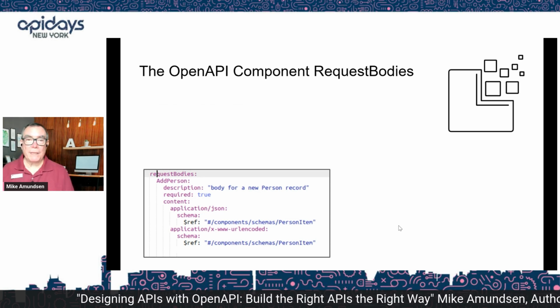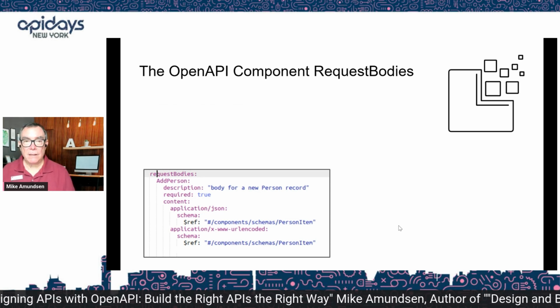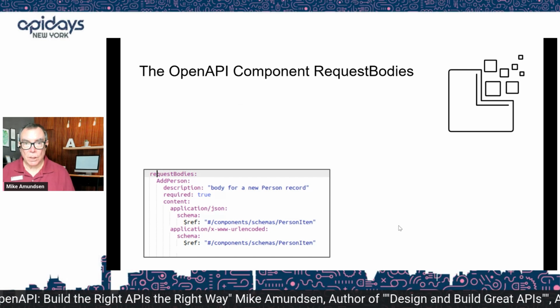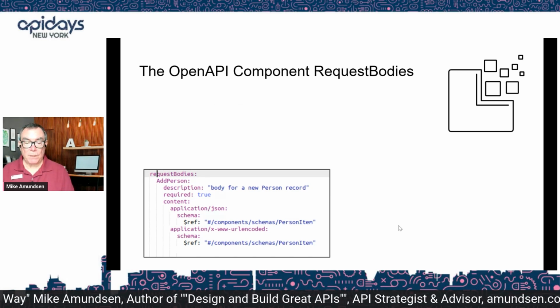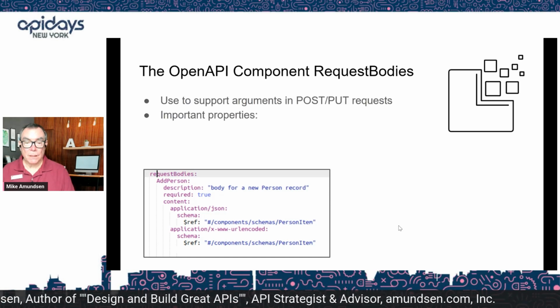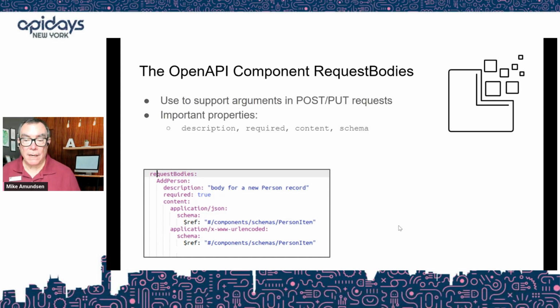And then finally, there's request bodies. So responses are what we get back. Request bodies are what we send for things like post and put and patch. And again, you'll see the same kind of thing. Important properties are description, whether or not an item is required, the content type, and any reference schema.